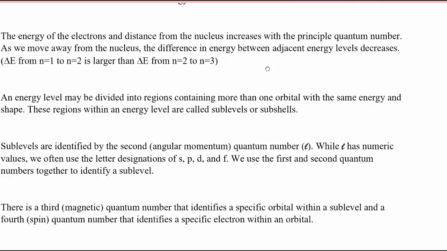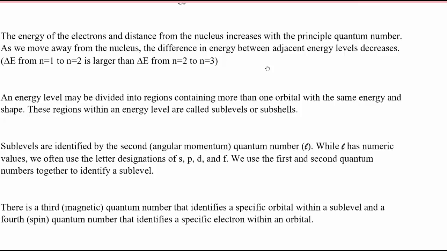And so if I have more than one orbital that is that shape, I have to have a way of differentiating which one it is. And so that's what the third quantum number is for.